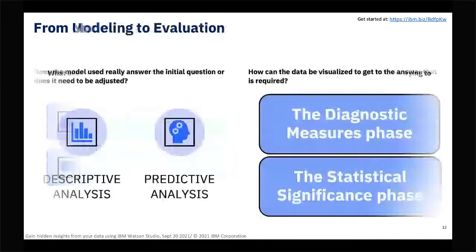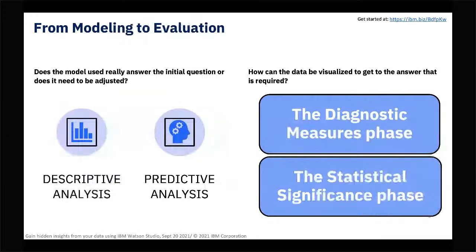The next thing we have is from modeling to evaluation. In this phase, the data scientists have a good chance to develop a sample and determine if the sample is good enough or it needs to be changed. Models can either be descriptive or predictive. Now, what do both of these mean?